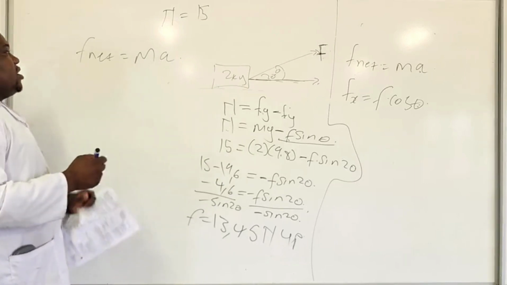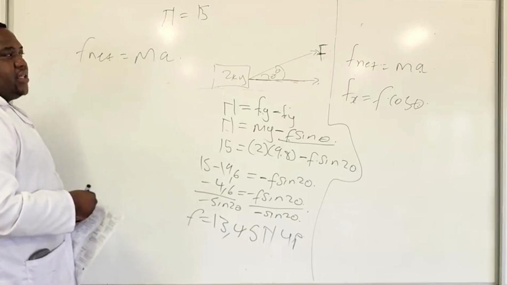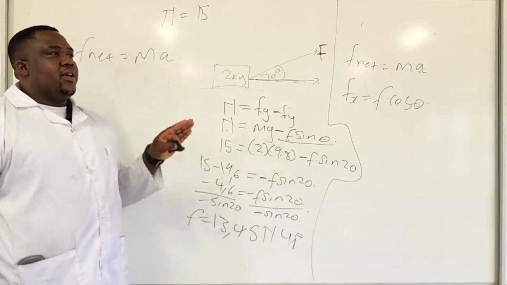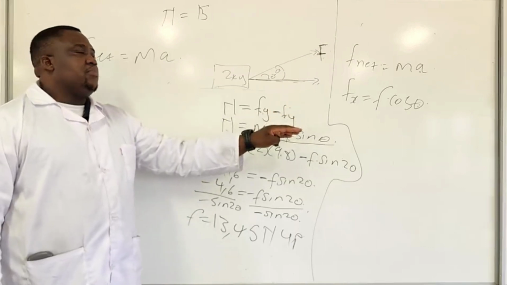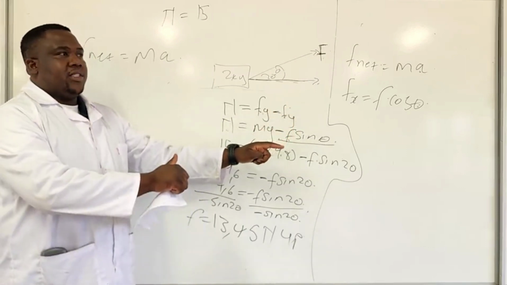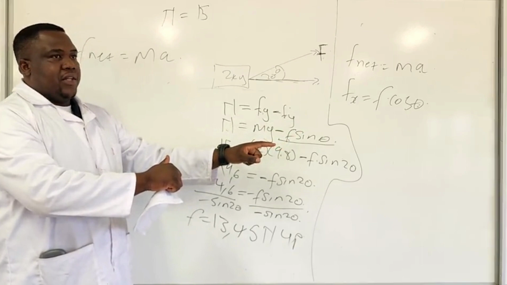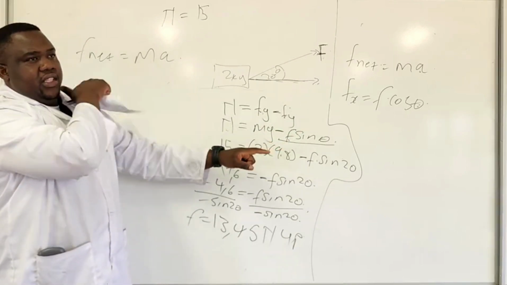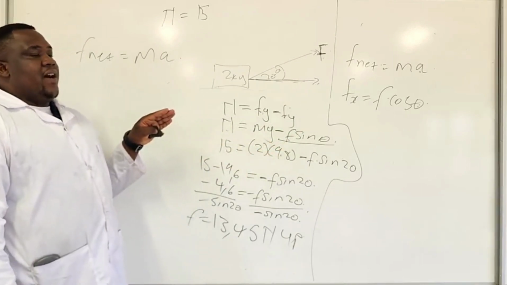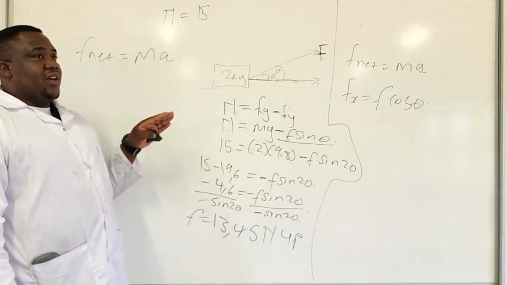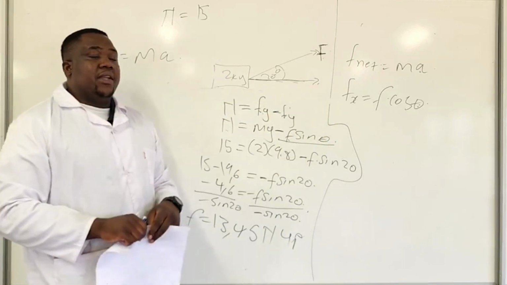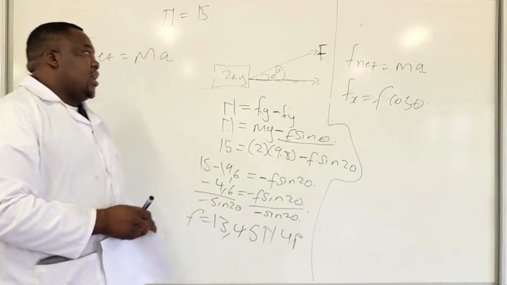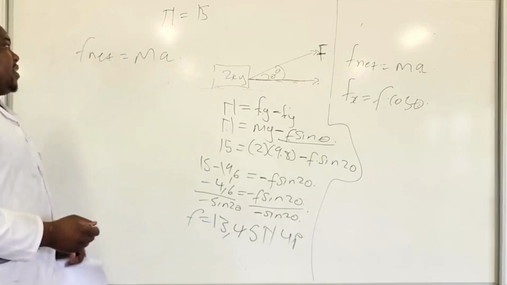You understand? But they are moving in this direction. Since the object is moving in that direction, it means that the frictional force is moving in this direction. So Fx, the component of the force F, is moving in that direction. Frictional force is moving in the other end, meaning that these two forces are going to have two different signs.